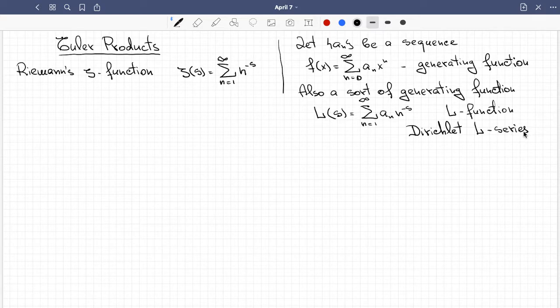The idea is very similar. Again, out of a sequence, out of many objects, we want to construct one function, L in this case. s is the variable, and this function L of s somehow incorporates properties of all objects taken together.